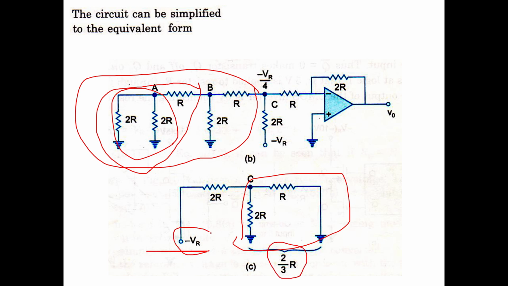Here the voltage is minus VR. Now at point C, we will calculate the voltage. This resistance divided by the sum of the resistors, multiplied by the input, so we are applying the voltage divider rule.